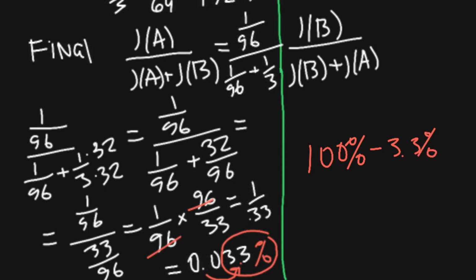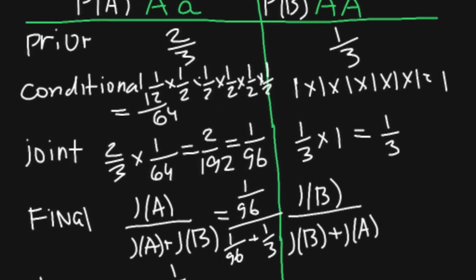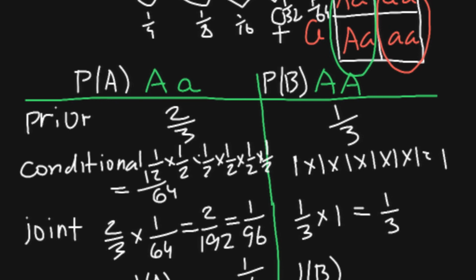So on this side we are going to get 96.4% confidence that the genotype of the father would be homozygous dominant. And as you see, the prior probability was only 1/3 or 33%. And here, the prior probability was 66%.